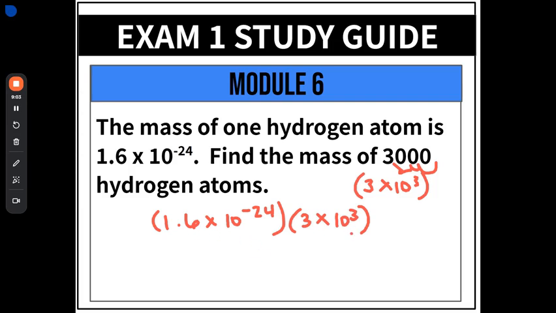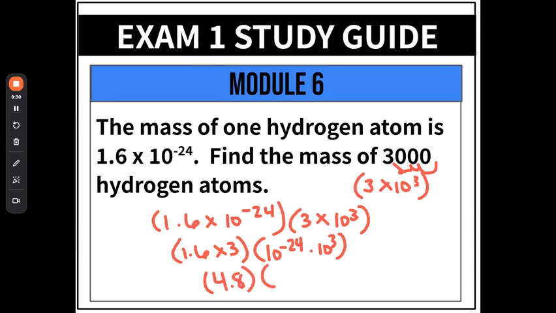Okay, same thing we did earlier. We're going to regroup the numbers right here. So 1.6 times 3 multiplied by 10 to the negative 24 times 10 to the third. Okay, when we multiply 1.6 times 3, we get 4.8.